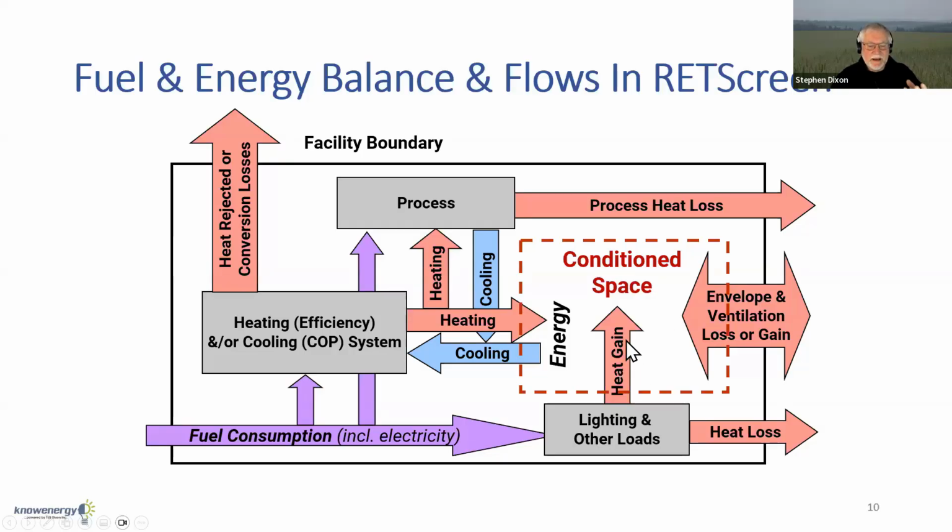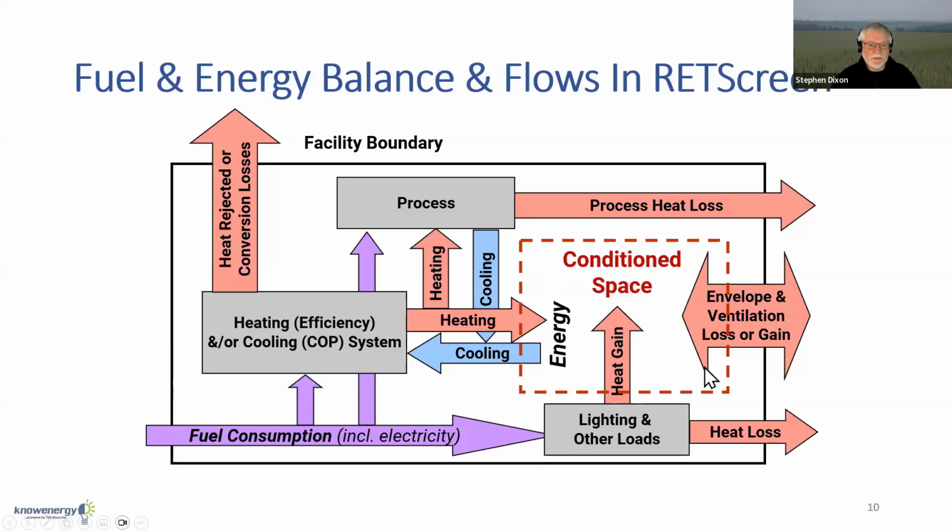The heat gain from lighting and other loads in the space contributes to heat and displaces some of the heating energy required, ultimately displaces the fuel required, but also contributes to the cooling requirement and increases the amount of fuel required for cooling.